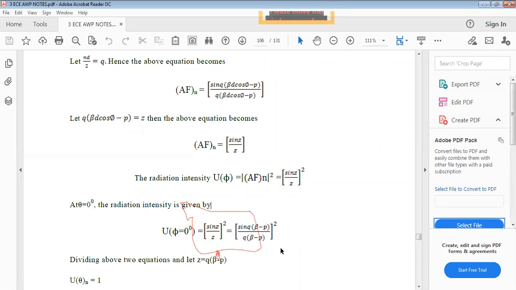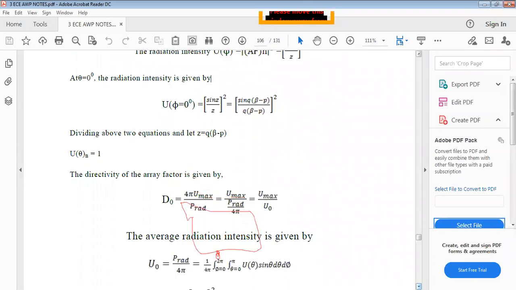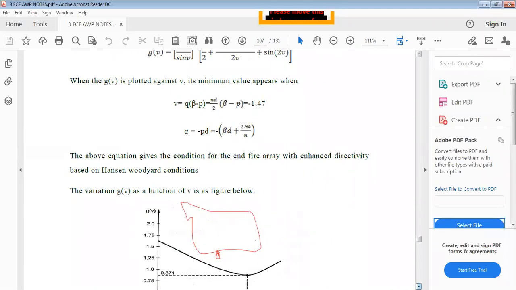Why do we go for the concept of pattern multiplication? In general, to obtain the radiational characteristics of a particular antenna involves complex mathematical modelling. You have to perform multiple mathematical operations to obtain those radiational characteristics.